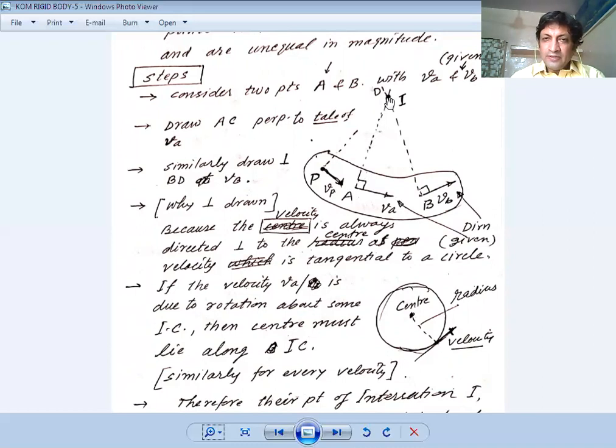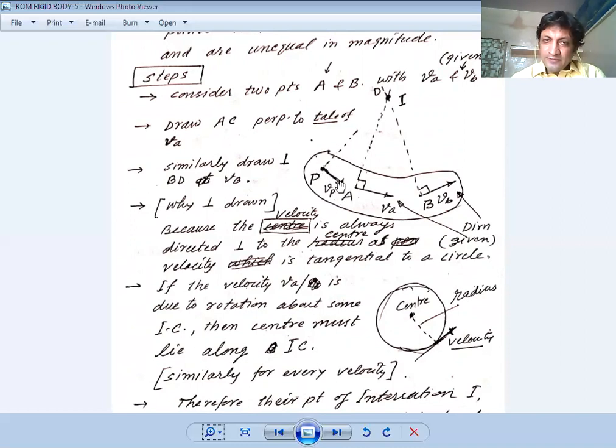With the help of this IC, we can now calculate the velocity of this point. How? From this point I, we will draw a perpendicular to this point. Now we have to reverse the process. Reversing means where it meets at P, we draw another perpendicular in this direction.